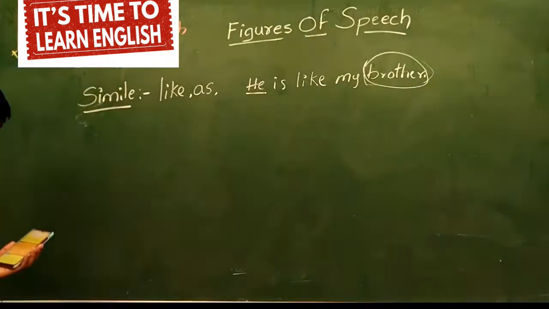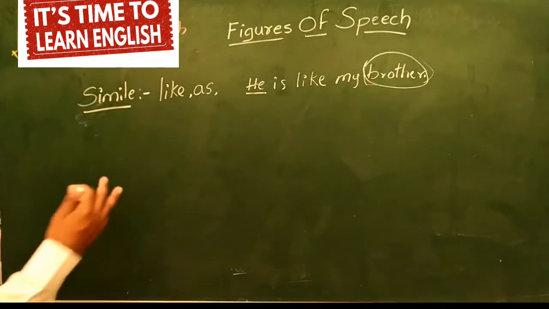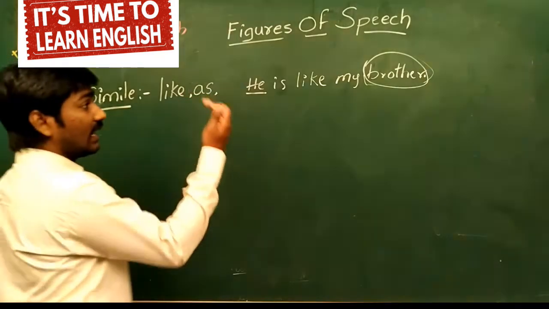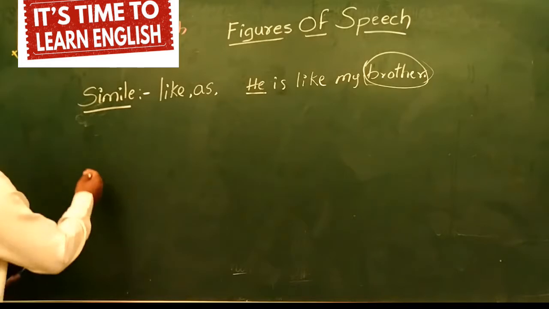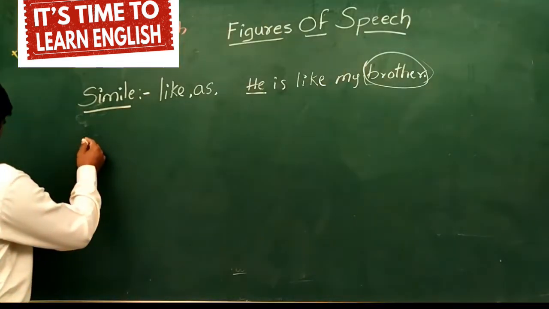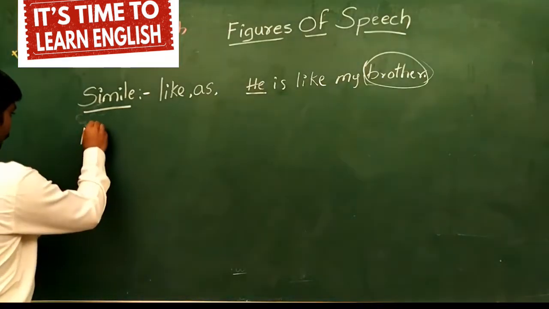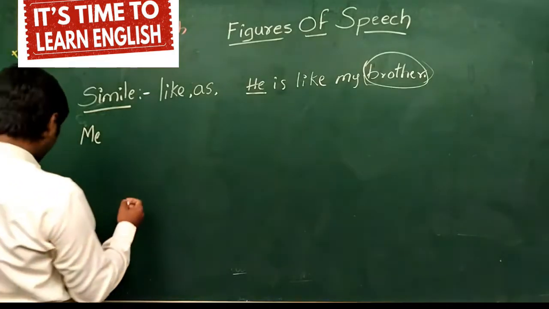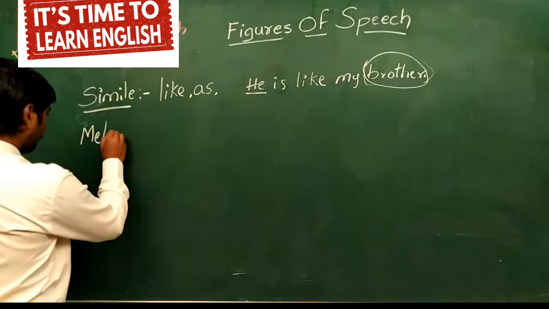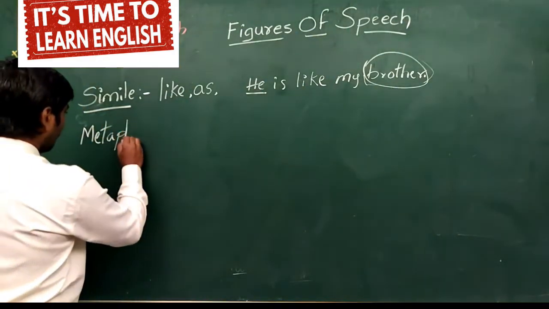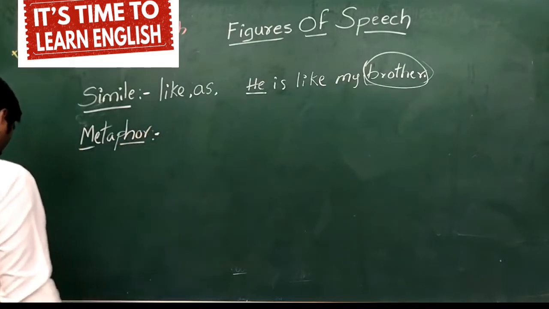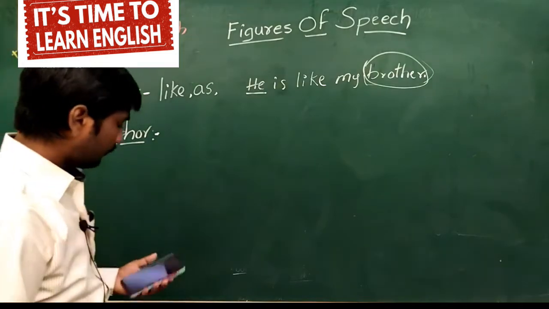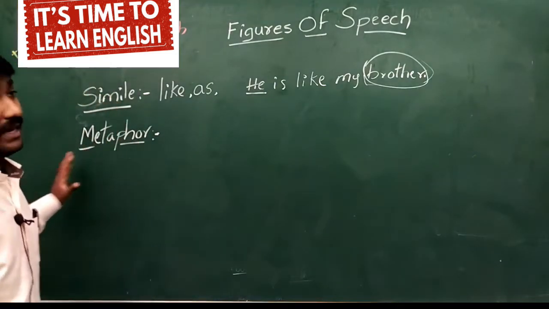So we have many examples. Comparing two unlike things by using like or as is simile. Let me give one more type, that is metaphor. You will get examples here, then you have to find them. The second one is metaphor.